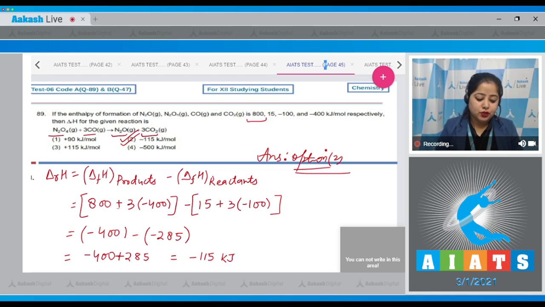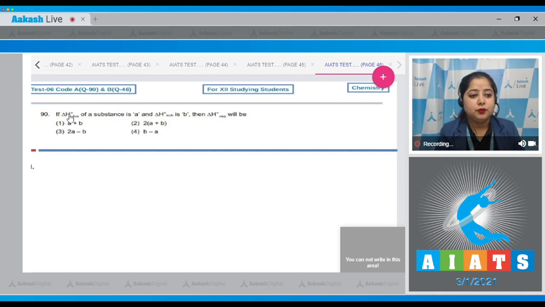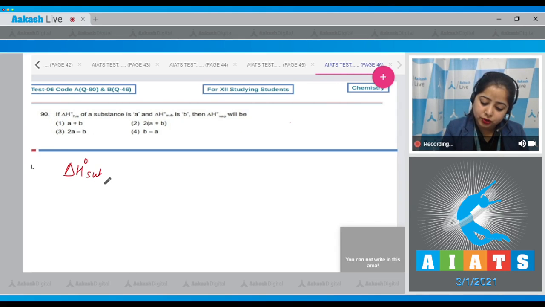Moving to the next question, which is question number 90. Let's read the question. If enthalpy of fusion of a substance is A and enthalpy of sublimation is B, then enthalpy of vaporization will be. Student, enthalpy of sublimation is equals to enthalpy of fusion plus enthalpy of vaporization.